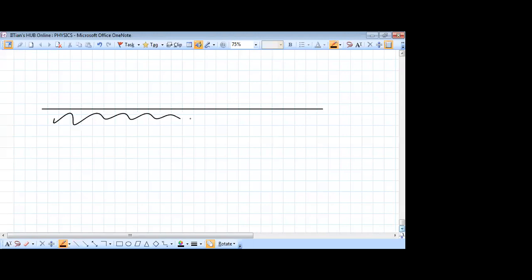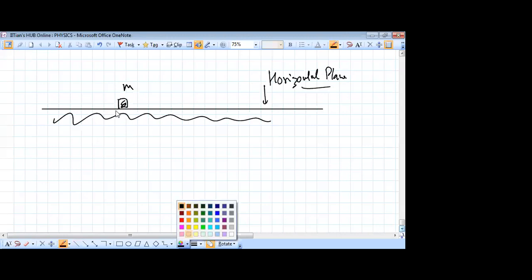In that reference frame, the surface of the Earth will appear to be a horizontal plane. So any body, if its mass is m, the gravitational force will always act like this. It will act in a direction which is perpendicular to this, or it will be vertically downwards.